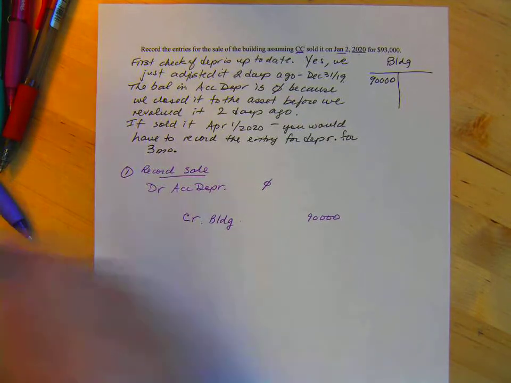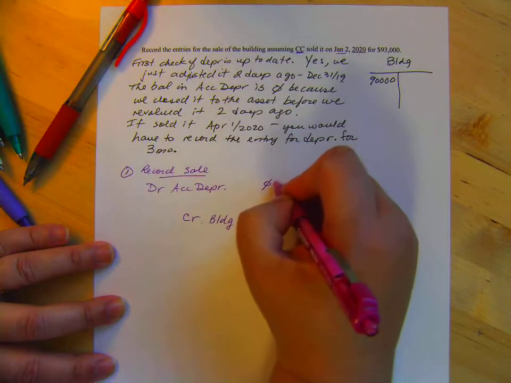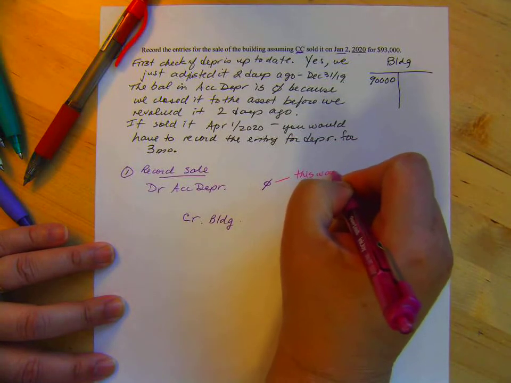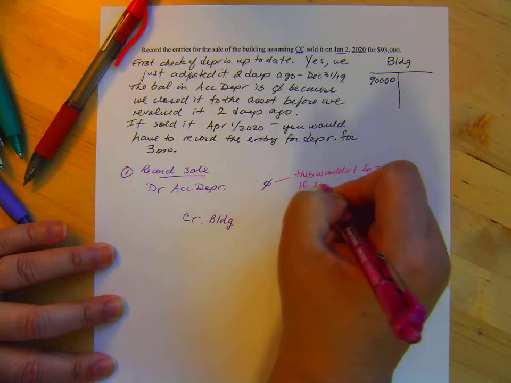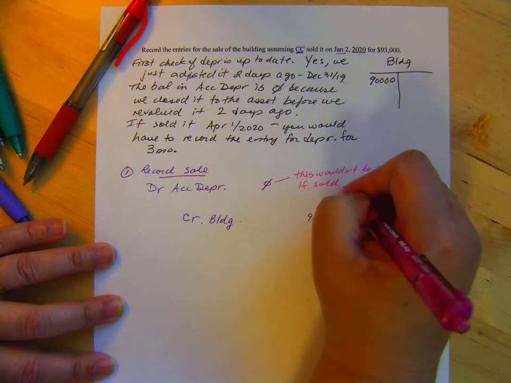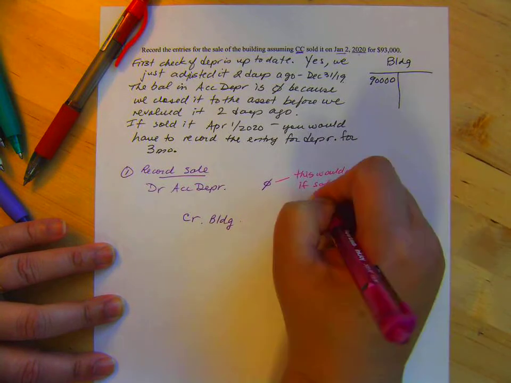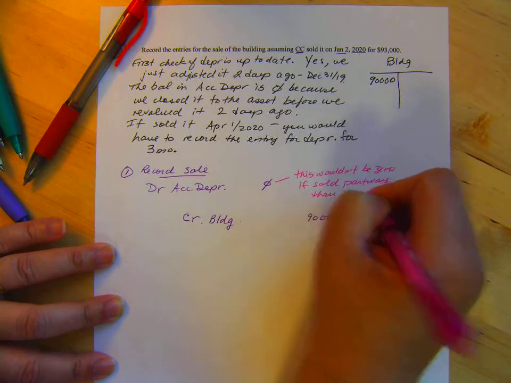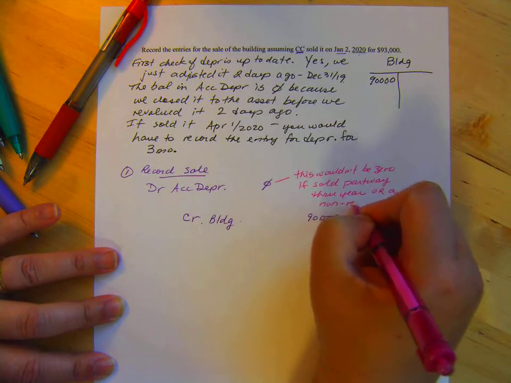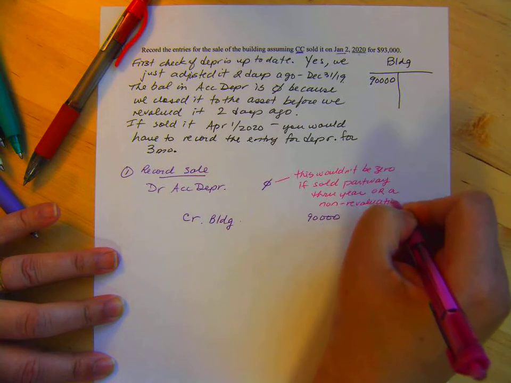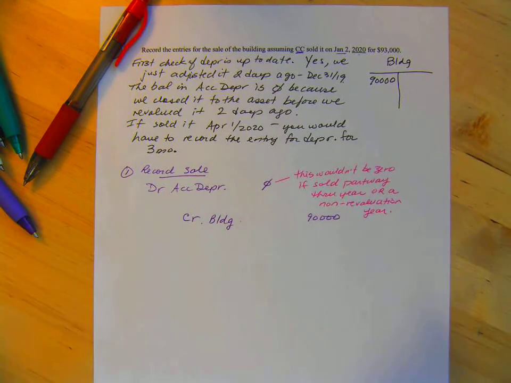This would be 0 if sold partway through the year, or a non-revaluation year. Right, because if we did it in 2021, we'd have a year of accumulated depreciation in there, right?